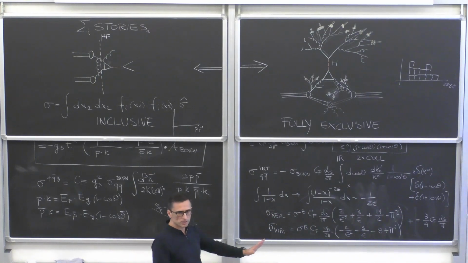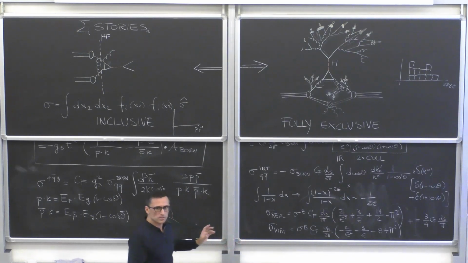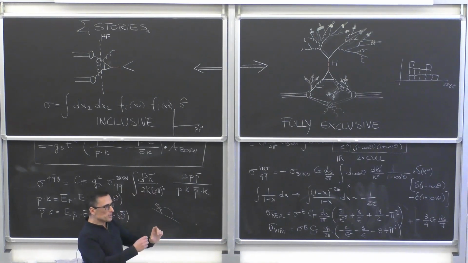Okay, it's finite, it's ultraviolet finite. Why is it ultraviolet finite? I mean, this we knew from the beginning. There is no ultraviolet divergence here, because we're making a QCD correction of an electroweak process at the Born level.